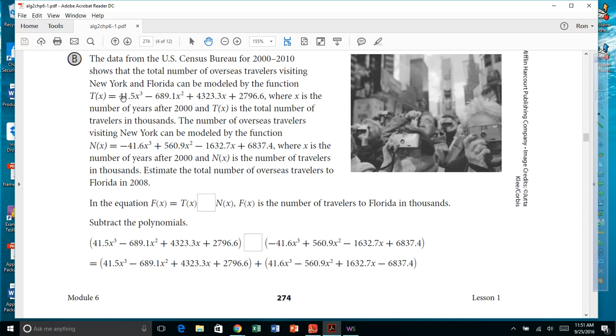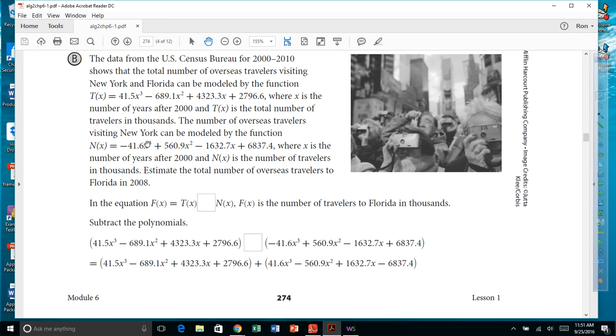Glad you're back. B, the data from the U.S. Census Bureau for 2000 to 2010 shows that the total number of overseas travelers visiting New York and Florida can be modeled by the function T of x equals 41.5x cubed minus 689.1x squared plus 4,323.3x plus 2,796.6, where x is the number of years after 2000 and T of x is the total number of travelers in thousands.